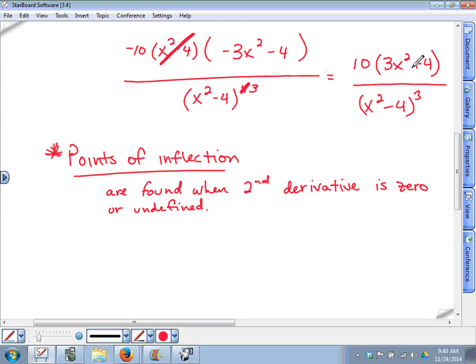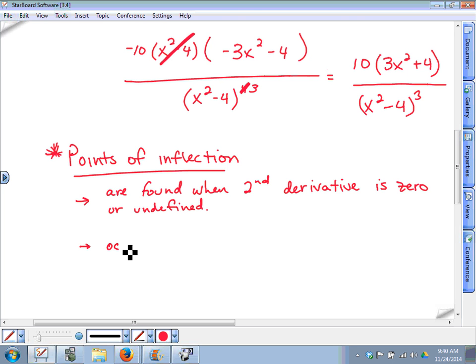So at this point, we're going to set this second derivative equal to 0, but it's not because we're trying to find critical numbers. What are we trying to find? Points of inflection. You need to also write this. They're found when the second derivative is 0 or undefined.